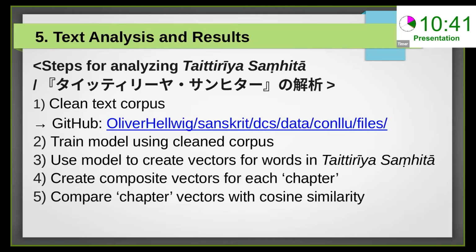And next, I create composite vectors for each chapter by adding word vectors. And finally, I compare chapter vectors with cosine similarity.